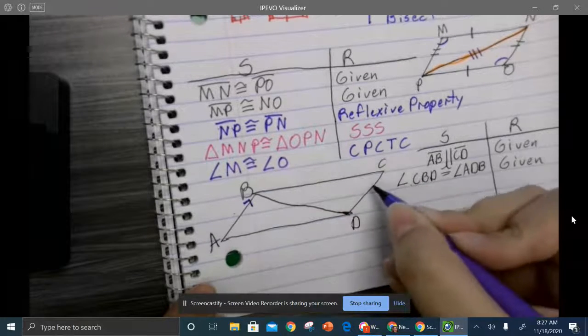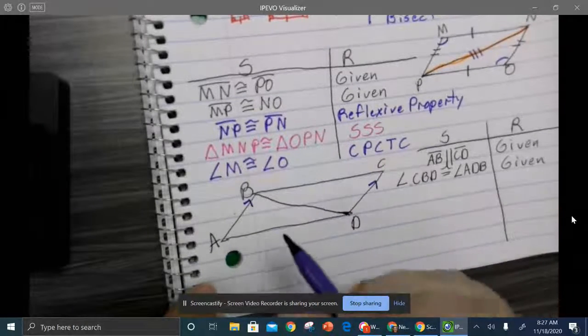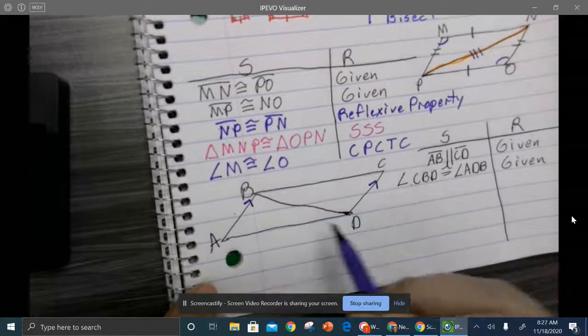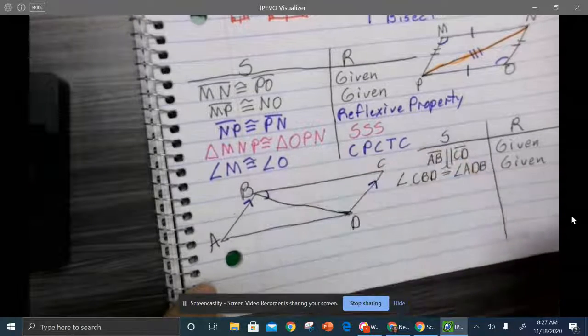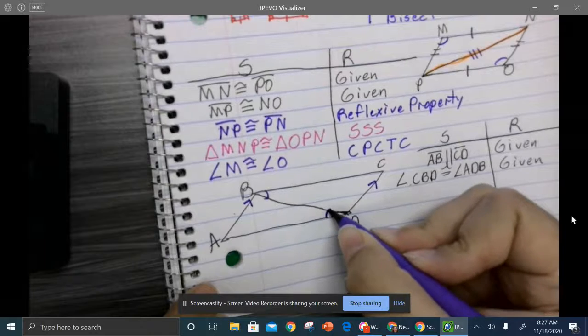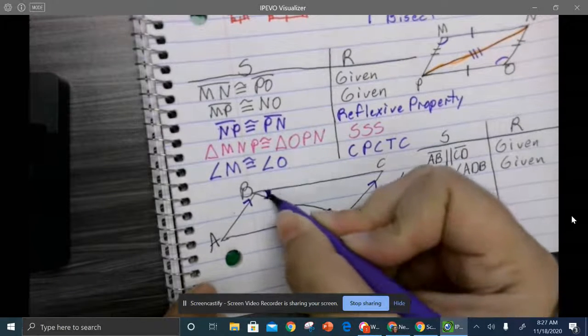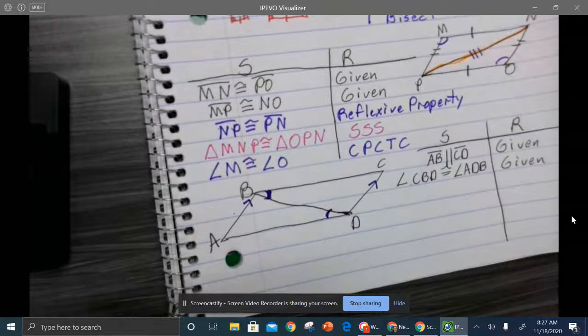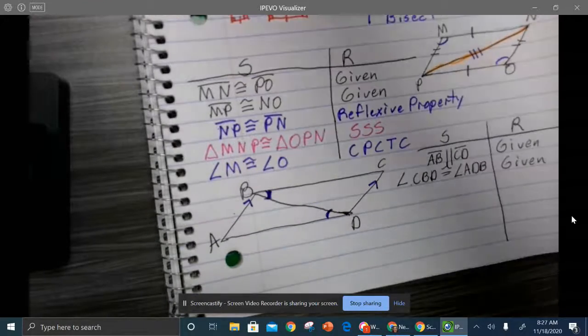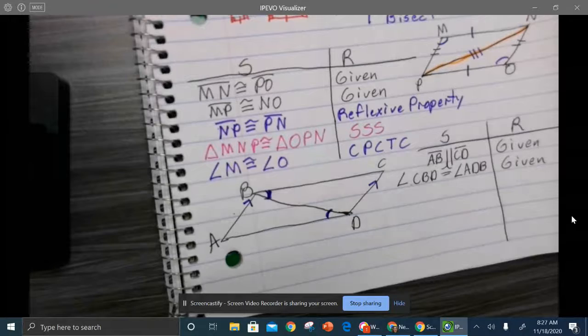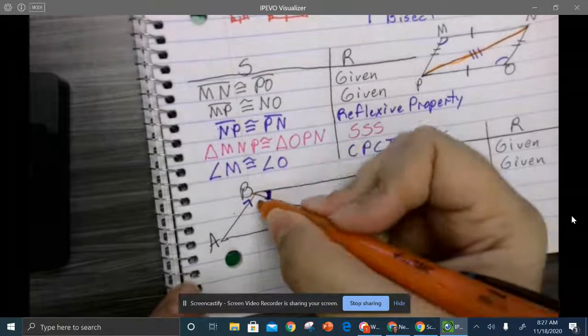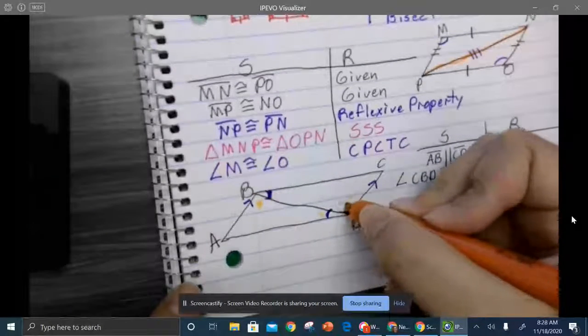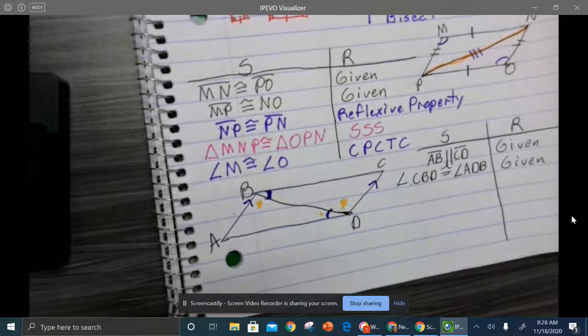So AB goes to BD, and then triangle CBD, so that's this one, is congruent to ADB. So these are congruent. Now we know, since these sides are parallel, those angles are also going to be congruent.